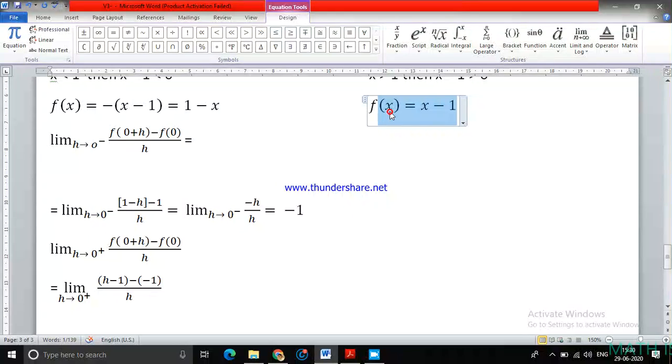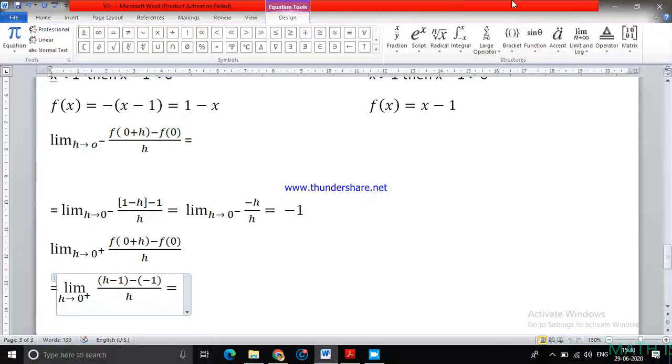If I put the x value as 0 plus h, x will be replaced with 0 plus h. So 0 plus h minus 1 is h minus 1, and the middle minus is from the formula. This minus will remain as is. For f of 0, substitute x equals 0, it becomes 0 minus 1, which is minus 1. That's why you have two minus signs there.